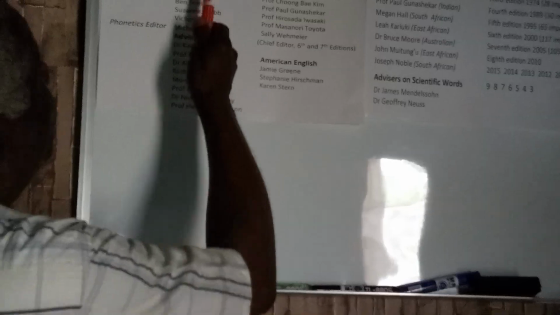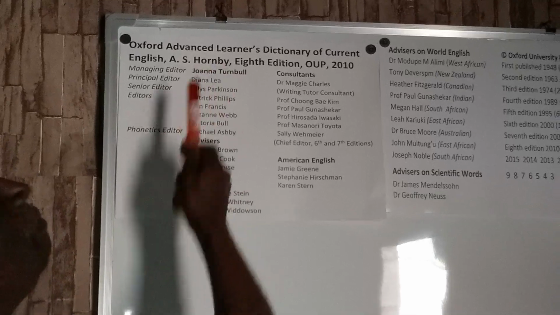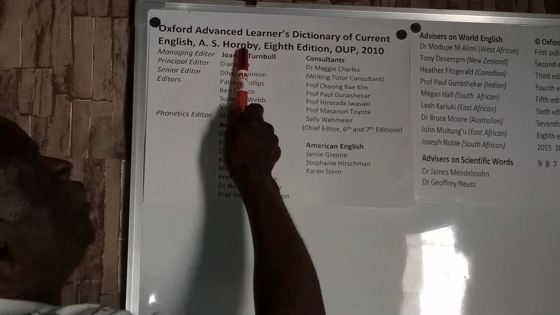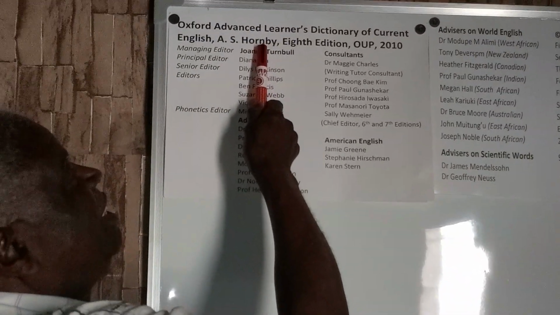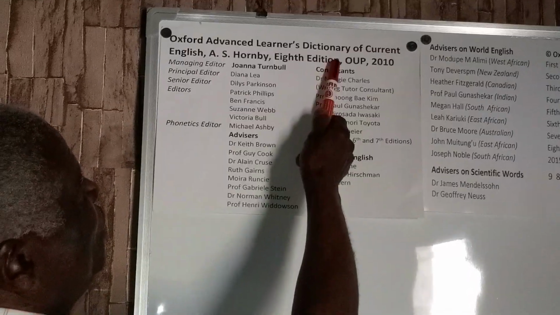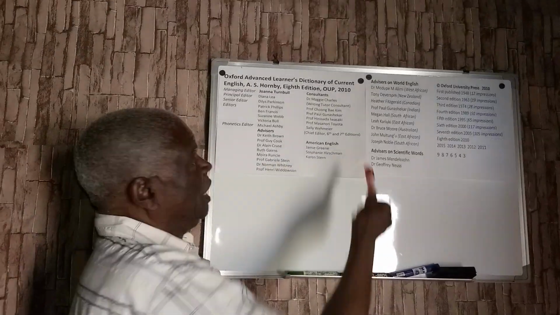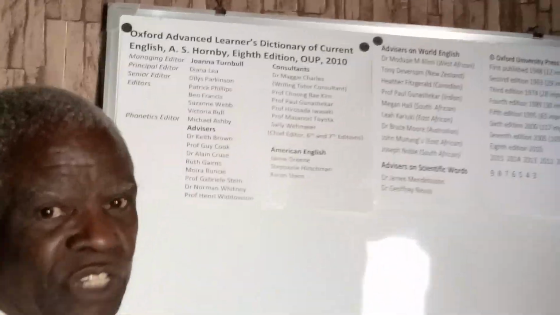Let's start with the Oxford. This one, I used the Oxford Advanced Learner's Dictionary of Current English. The first edition was published in 1947. Today, 2010, it is still being published. 8th edition, Oxford University Press. And here are the compilers of this dictionary.